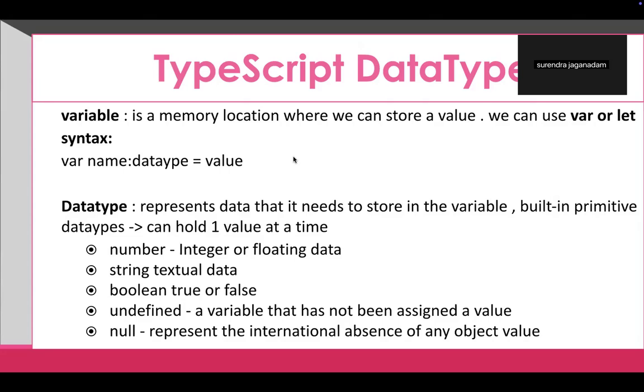Perfectly all right. Then here, the key thing is a data type. So what is a data type then? Data type represents what type of data I want to store in a variable. See, there are different types of data. If I want to deal with the numbers 1, 2, 3, 4, 5, 6, 7, 8, 9, what data type do I need to use? If I want to deal with something like strings, this is Surendra Jagannadham.